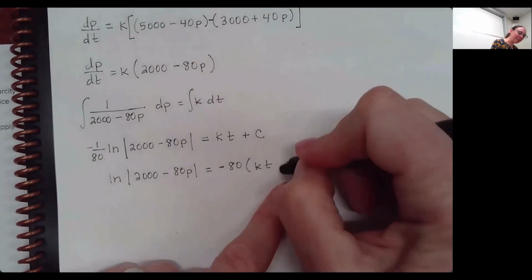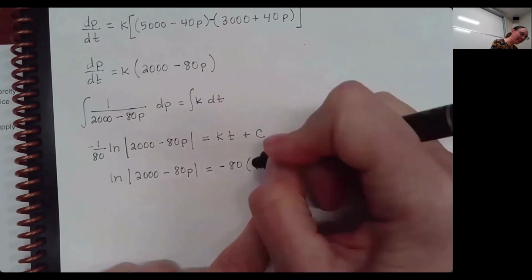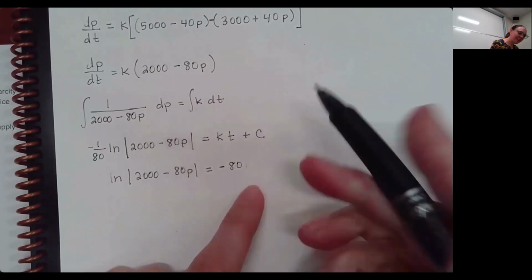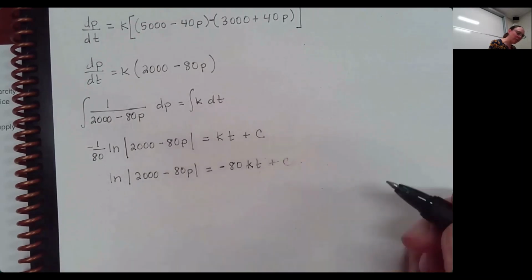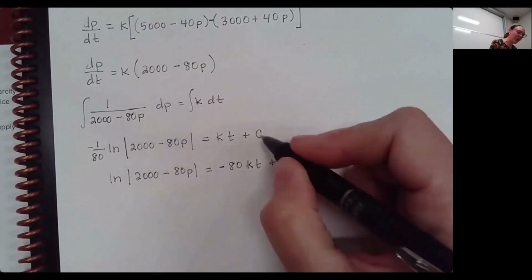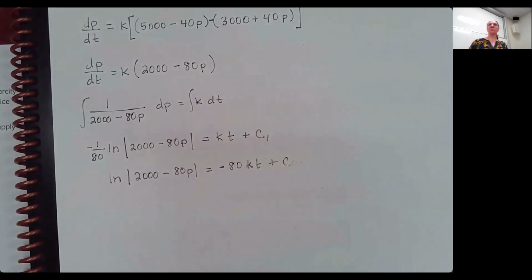So it's totally fine to have negative 80 kt plus a constant. We should just do something to indicate that these are not the same constant. So I'm just gonna throw a little subscript over there. So now they're not the same constant because technically we're multiplying both sides by 80.